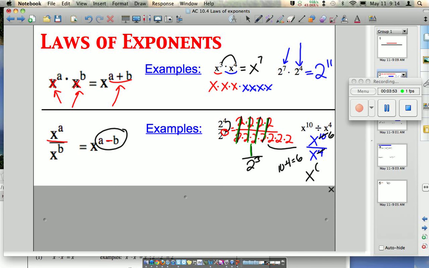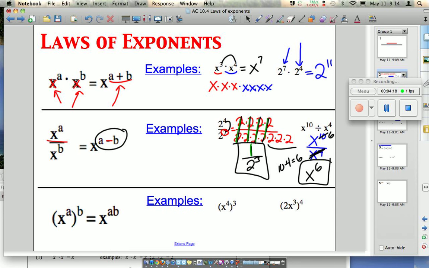So my answer is x to the 6th. Since they're on the top, I just write it exactly like that. I don't need to write a 1 underneath, but there is a 1 down there because these actually canceled on the bottom to make a 1. And 6 left on the top. So that's your rule of division. So these are the 2 simplified answers for the examples here.